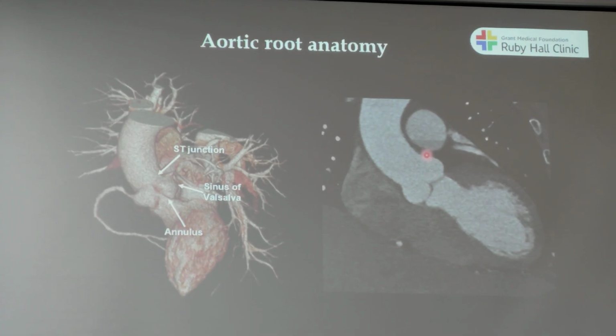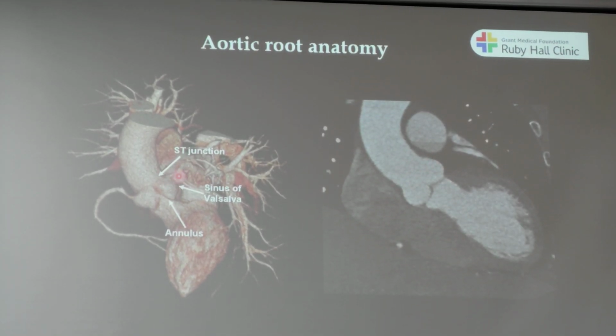The junction between the ascending aorta and this aortic root is called the sinotubular junction or ST junction. So there are 3 parts of the aortic root: annulus, the junction with the LV; sinuses, the middle bulging out part; and the ST junction which connects to the ascending aorta.